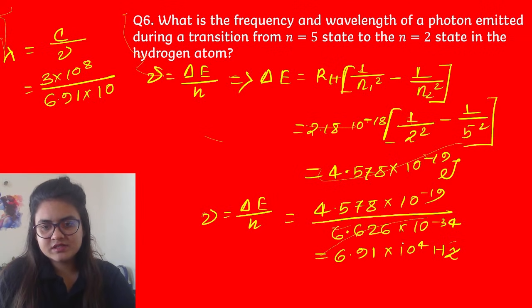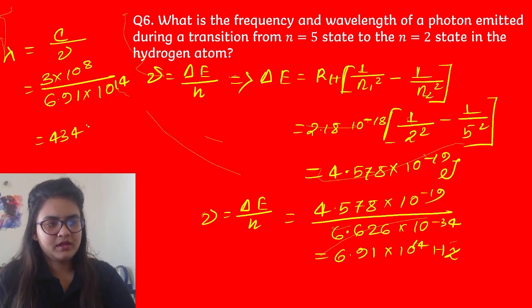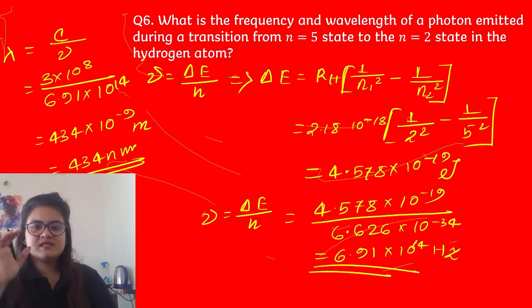This is 14, not 4, 10 power 14. If you calculate this, I'm not going into a detailed calculation, you will get something like 434 into 10 power minus 9 meter. If you convert it to nanometers, it will be 434 nanometer. This is the wavelength and this is the frequency. I guess this is clear to you.